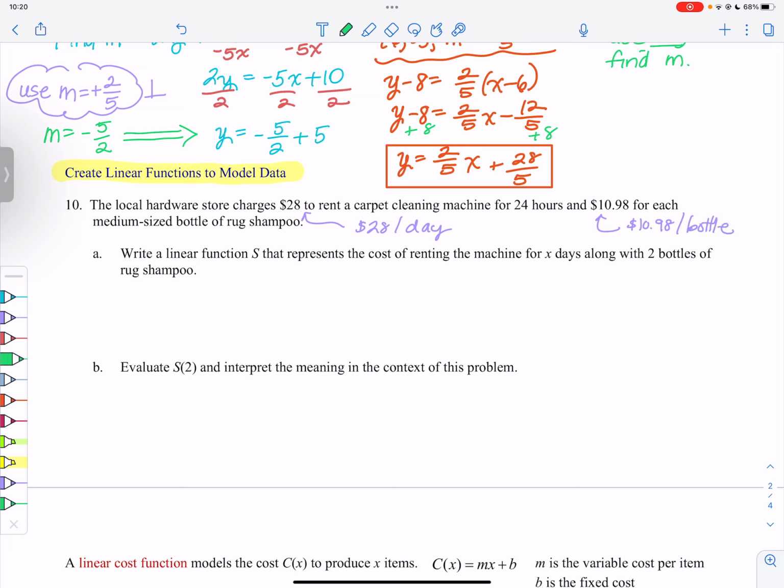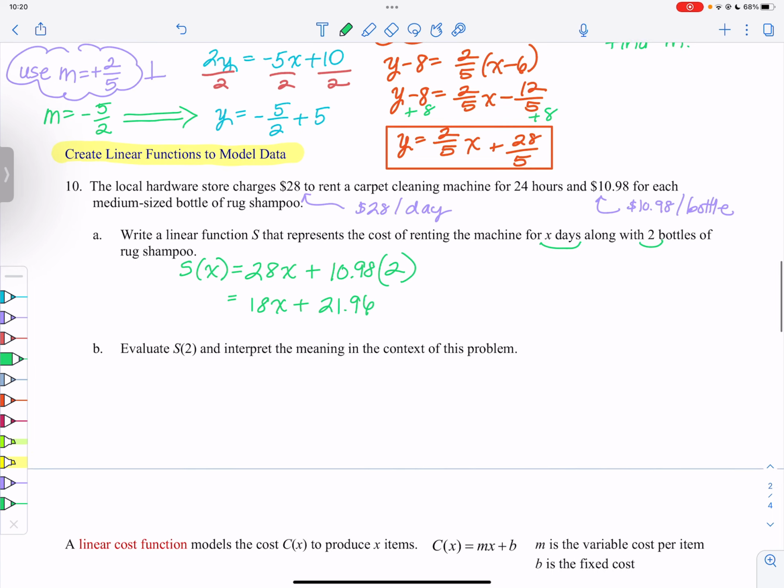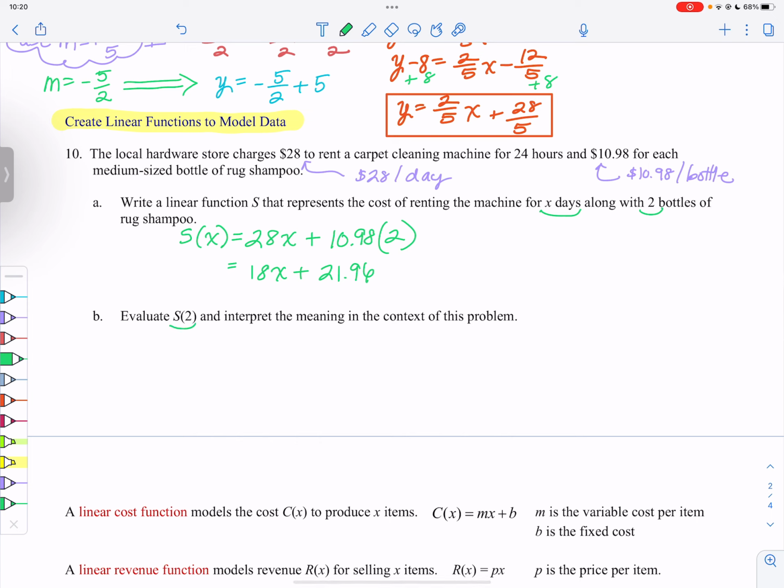So we would have S of x, that function, is $28 times x days plus $10.98 times 2 bottles. So if we multiply that out, we'll get 28x plus 21.96.